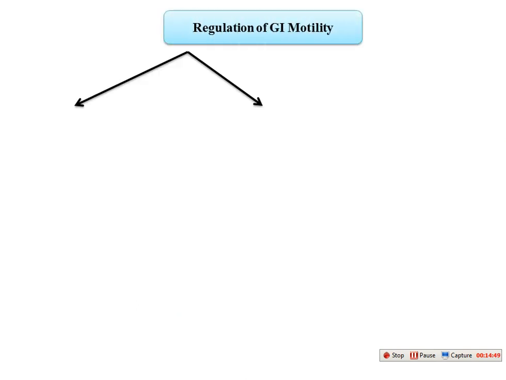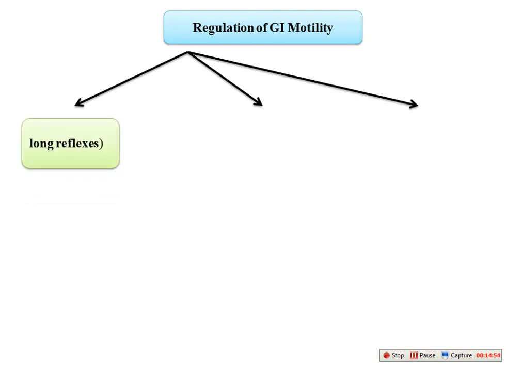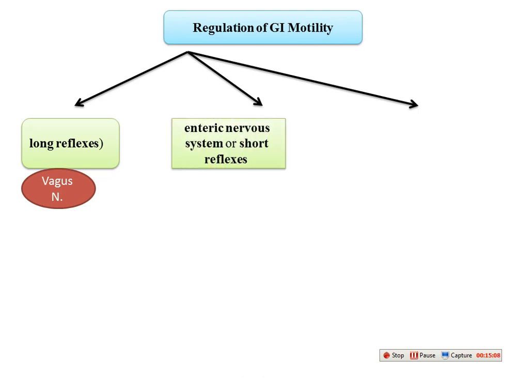How is the motility regulated? Via hormones as well as the nervous system. We have two ways via the nervous system: the long reflex, which occurs by the vagus nerve, which we call the tenth nerve from the cranial nerves, and also we have the enteric system inside the digestive system organs in the muscular layer.